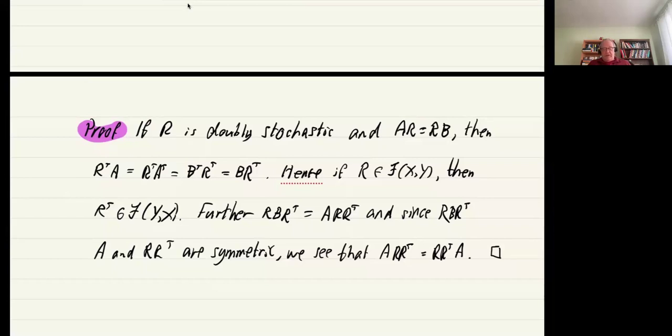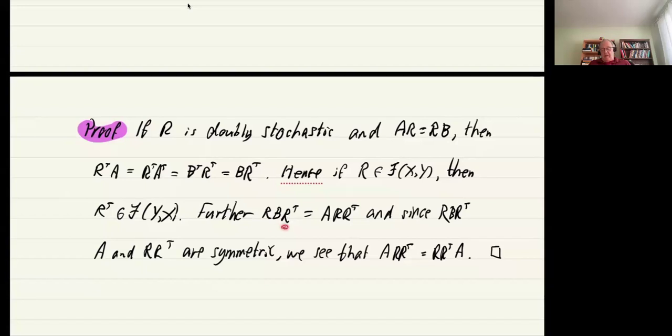I'm not really sure I need this. From this equality, I put an R transpose on the left of both sides, and I get this.